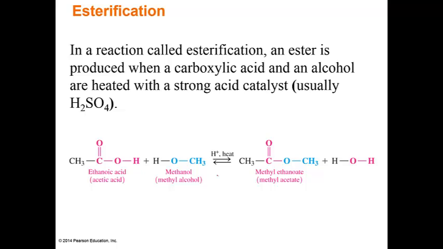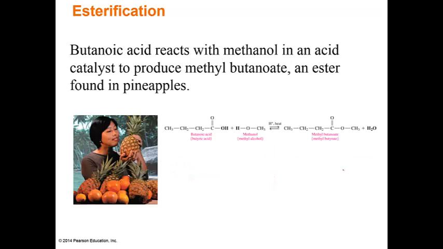So we've got these two that combine with heat to make methyl ethanoate, or methyl acetate, and then our H2O. Yes, H2O. Butanoic acid reacts with methanol and an acid catalyst to produce methyl butanoate, an ester found in many pineapples.